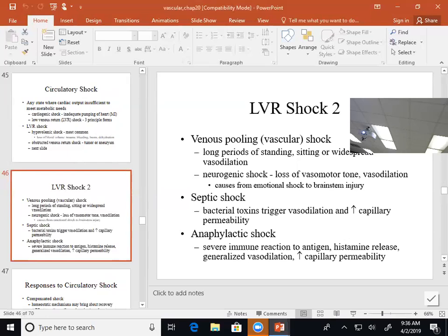Septic shock is because of an infectious organism that is actually causing this, where sometimes the cells will be lysed, or the capillaries just get leakier because of some of the toxins that are being produced. So this is called septic shock. If y'all have ever heard of sepsis, sepsis means actively growing microorganisms in the bloodstream.